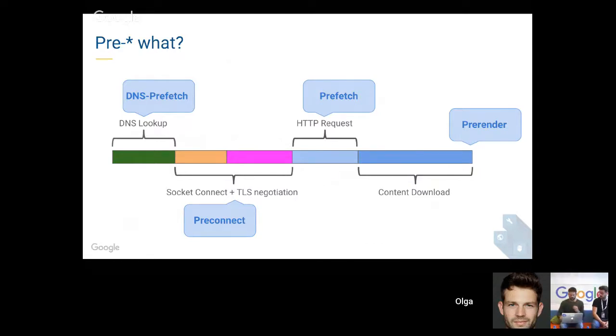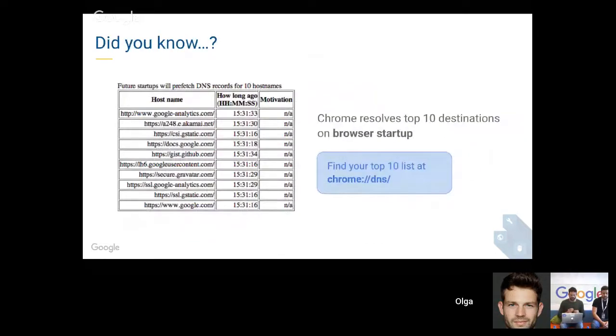Great, cool. So just what would be maybe some nice-to-knows. Probably most of you are aware already, but basically Chrome by default will resolve the top 10 destinations based on your user behavior or browsing behavior, just on browser startup.